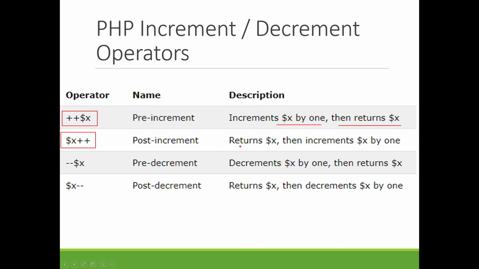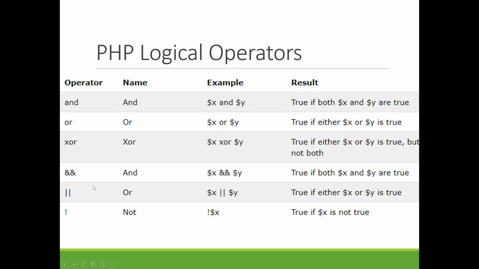Otherwise, post-increment will return x, that is, do other calculations before incrementing x by 1. So that's the main difference between pre and post. We also have the decrement, which is minus minus. The pre and post concept remains the same.